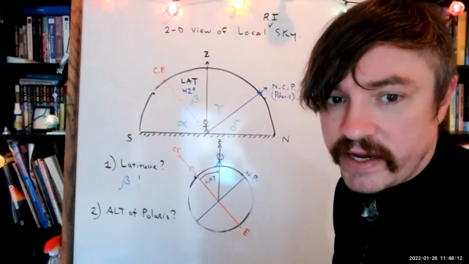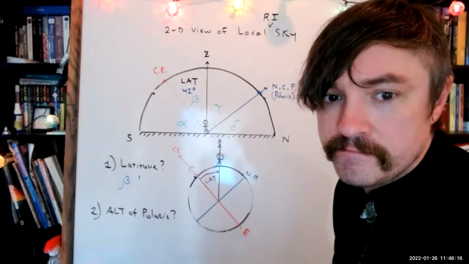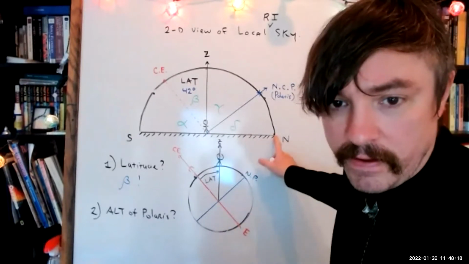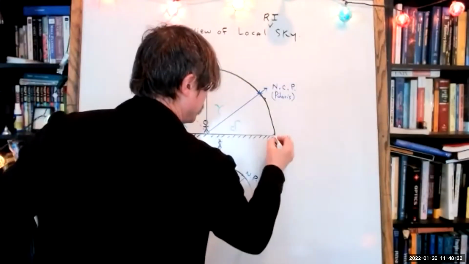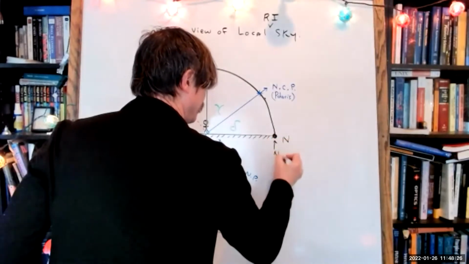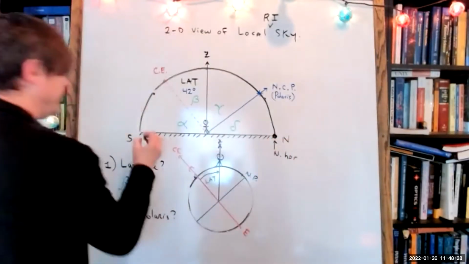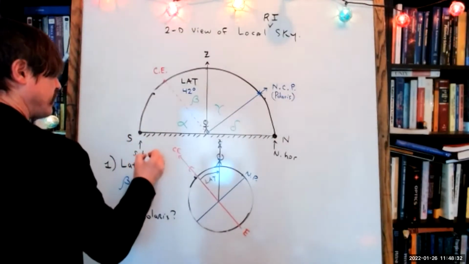Northeast does not appear in this diagram. This is a purely north-south line. So north and south. Due north and due south. The horizon intersects here at due north. That's your northern horizon. And the horizon intersects here at due south. That's your southern horizon, right?